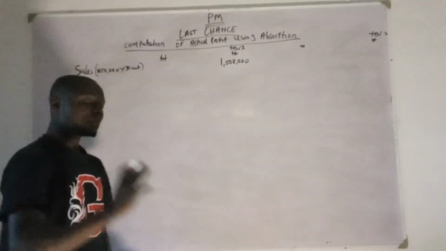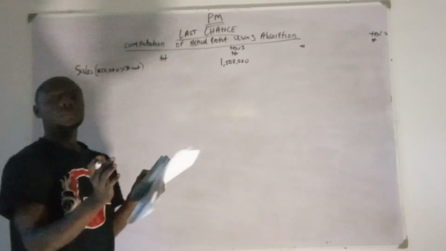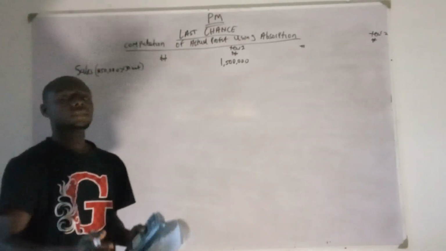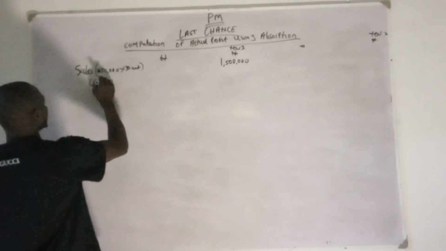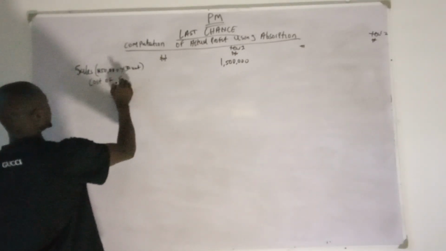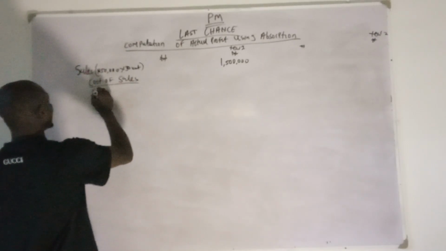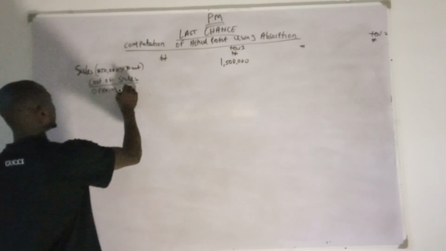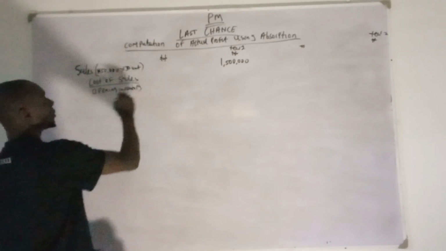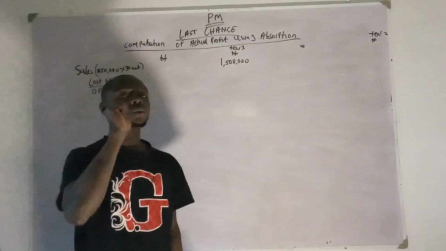From our format, absorption costing, don't forget, is just like your normal profit or loss account. Now is cost of sales, so there is opening inventory. Don't forget that in absorption costing, you value all your production costs using full cost.